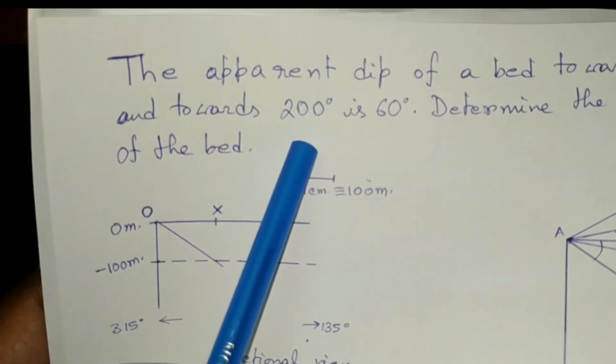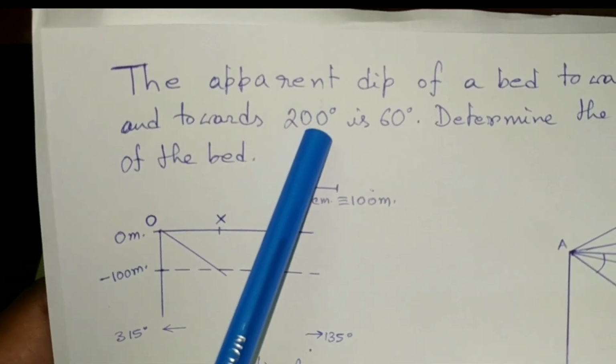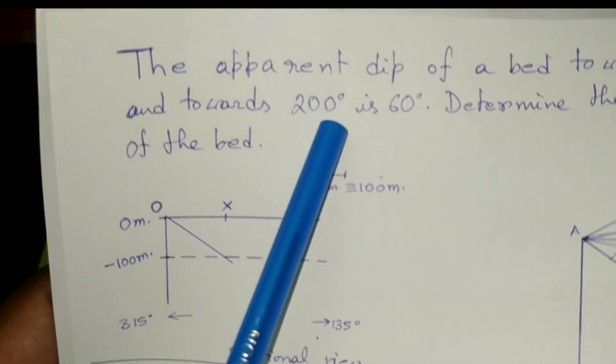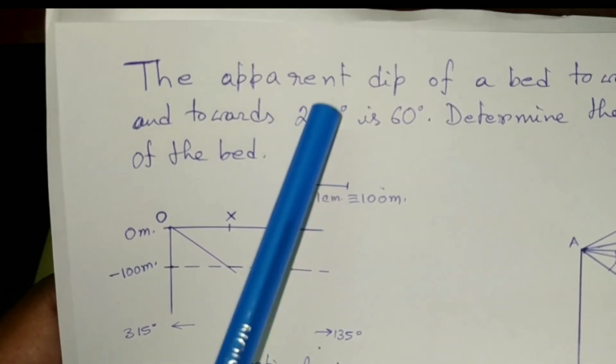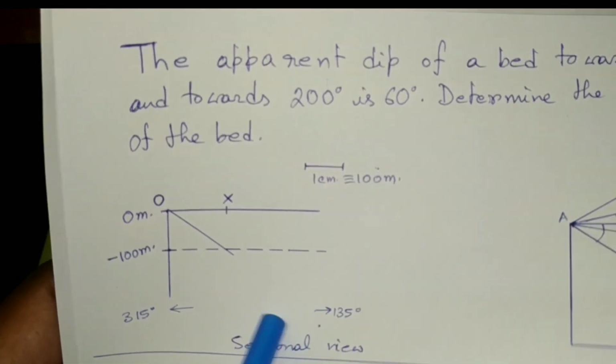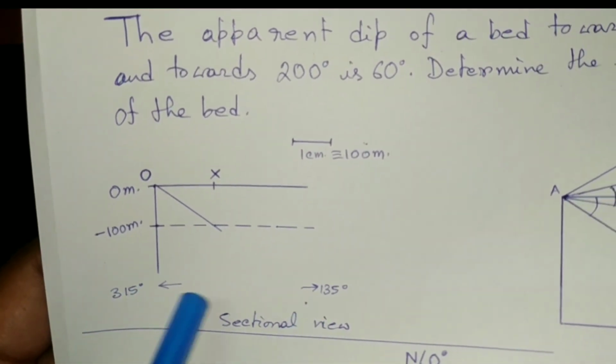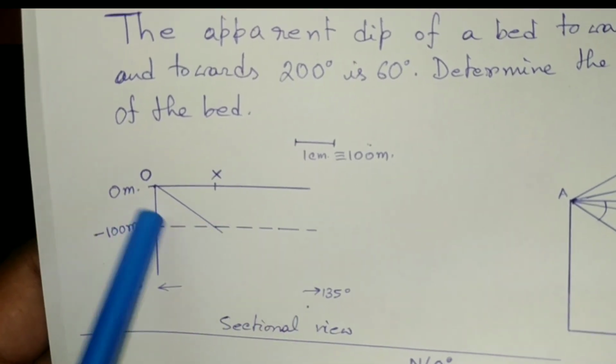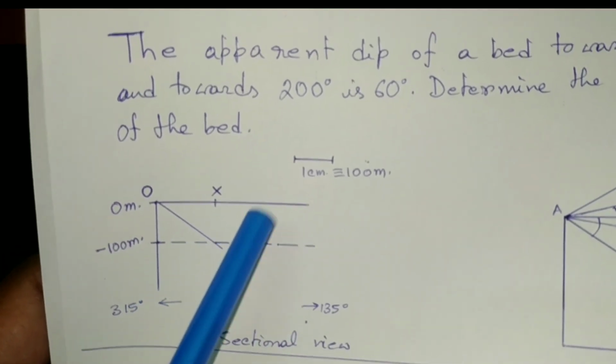That will be 200. If you add 180 to 200, it will come 380, so you have to deduct 180 from 200, that will be 20. So this time the section trend will be 20 and 200. The same section we are using.